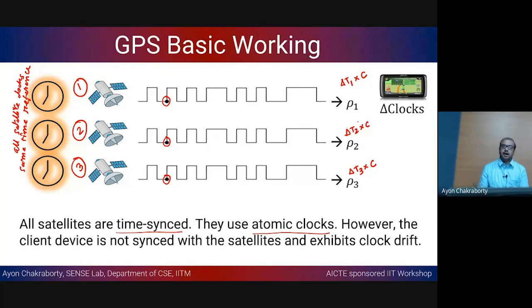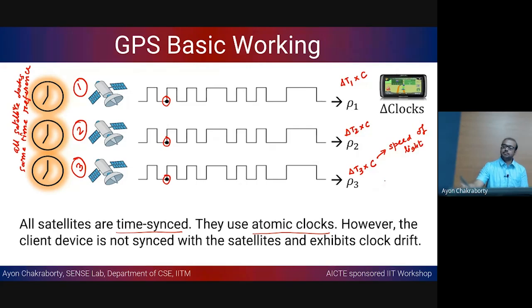And please note why it is so important to use this time term in a very precise manner, because it actually impacts the accuracy of the system. Okay, because we are multiplying it by the speed of light, which is basically a big number, right, this is the speed of light.